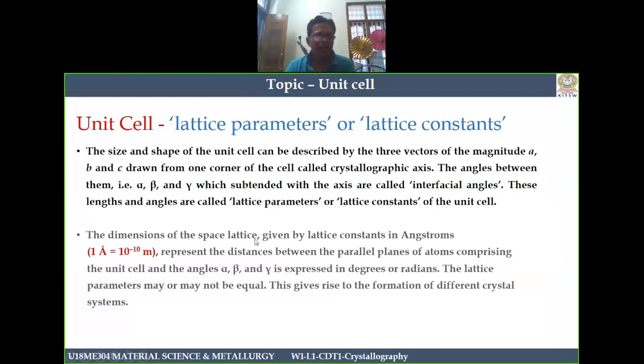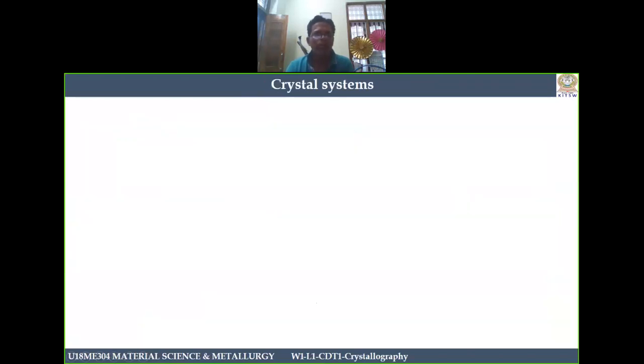The dimensions of the lattice given by lattice constants are in angstroms. All of you know 1 angstrom is equal to 10 power minus 10 meter. They represent the distance between the parallel planes of atoms comprising the unit cell, and the angles alpha, beta, gamma are expressed in degrees or radians. The lattice parameters may or may not be equal. This gives rise to the formation of different crystal systems.